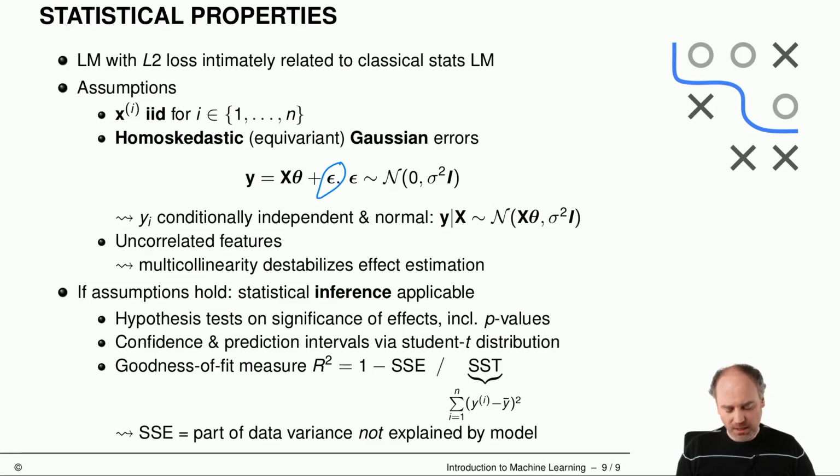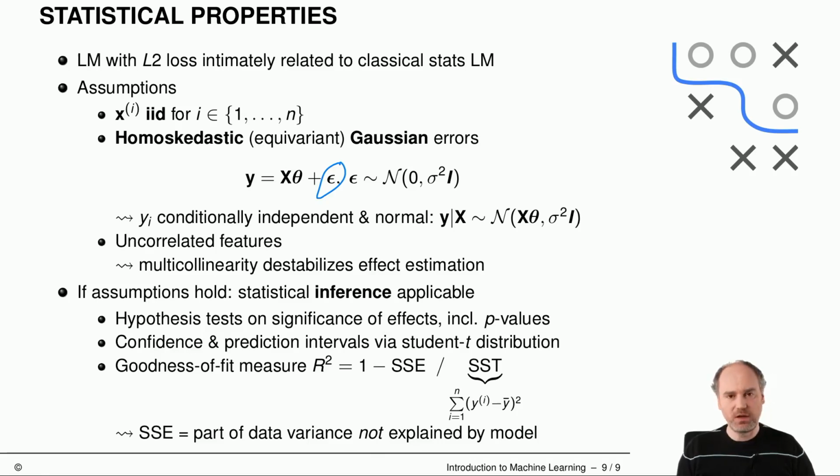And now we usually make an assumption about these measurement errors, and one of the simplest assumptions might be that these errors are Gaussian, so they are normally distributed with a certain variance, and then we can derive from that that our y variables are also random variables. They are conditionally independent given x, and they are also normally distributed like this.